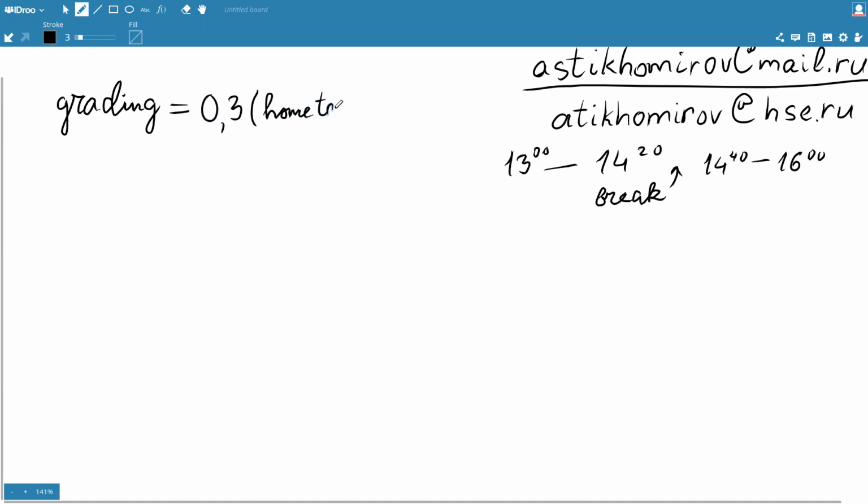Home tasks. Plus 20% for intermediate exam.